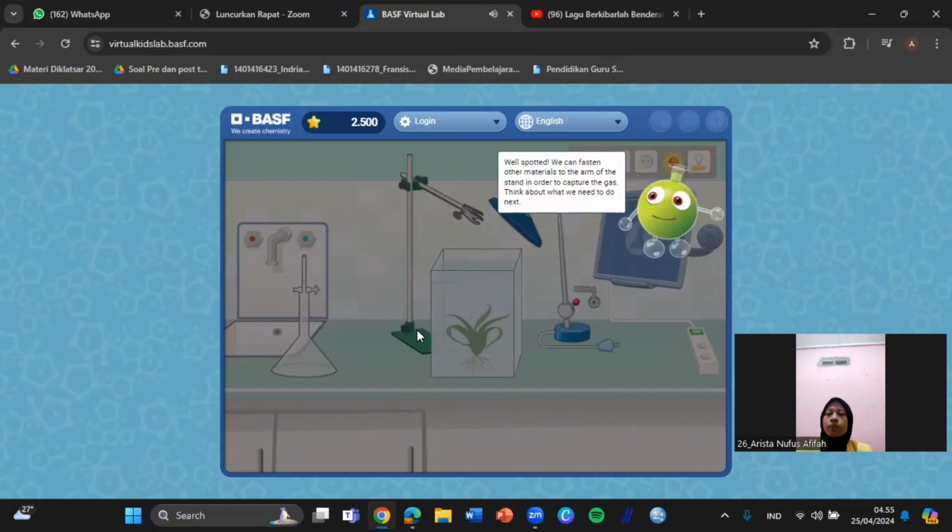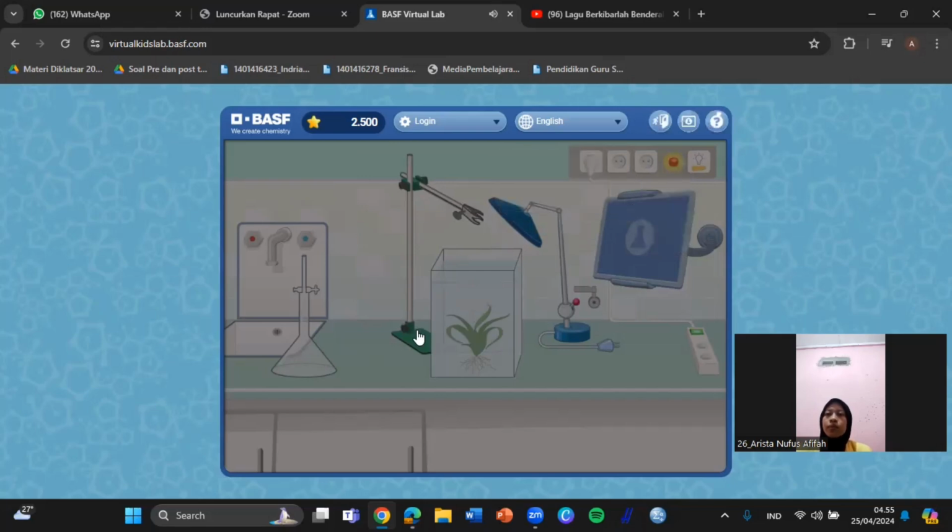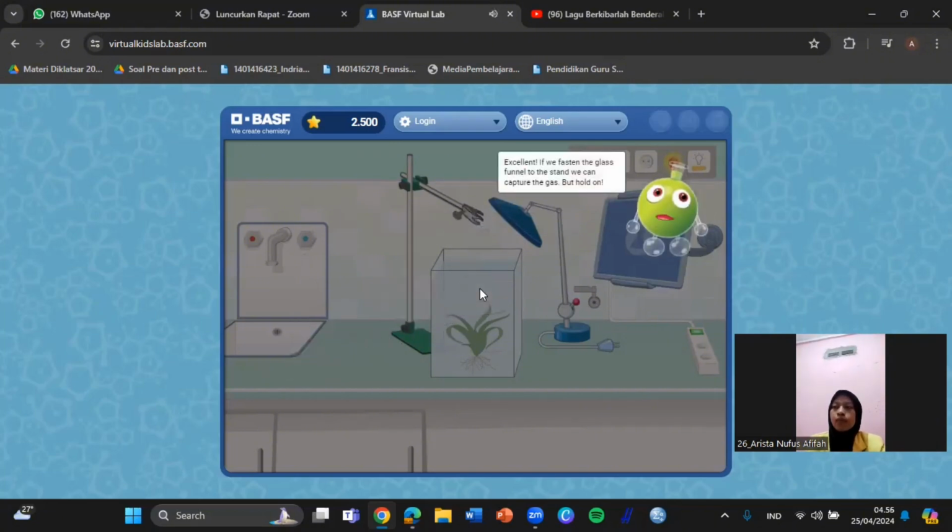Well spotted. We can fasten other materials to the arm of the stand in order to capture the gas. Think about what we need to do next. Excellent. If we fasten the glass funnel to the stand, we can capture the gas.